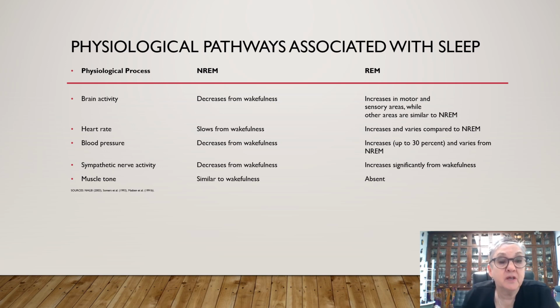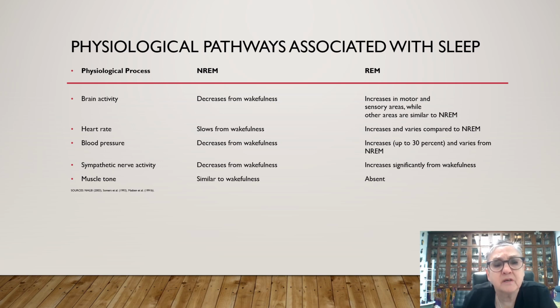So we know during non-REM sleep that brain activity decreases from wakefulness. In REM sleep, brain activity increases in motor and sensory areas, while other areas are similar to non-REM. The heart rate in non-REM slows from wakefulness, but increases in REM compared to non-REM.